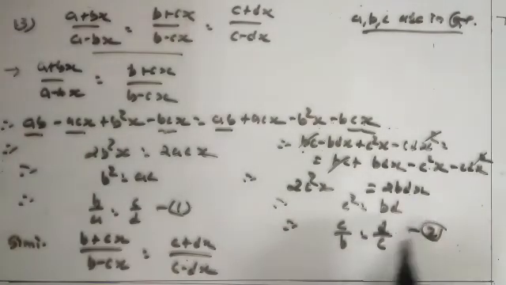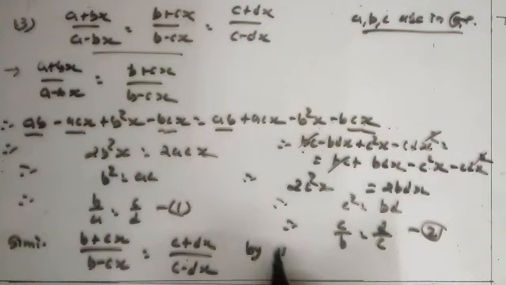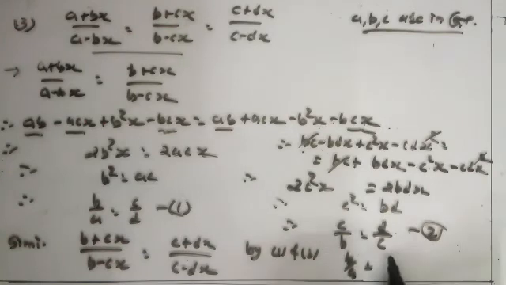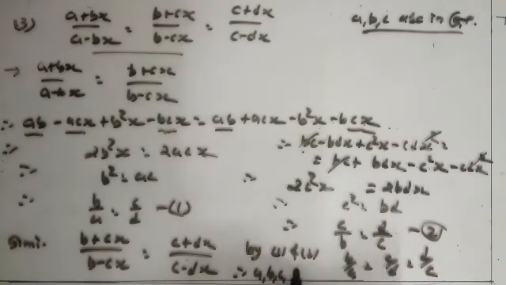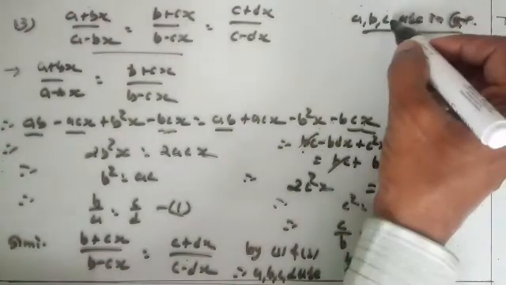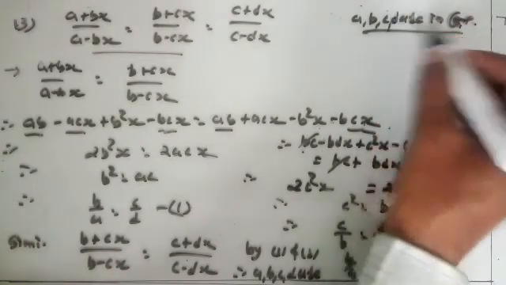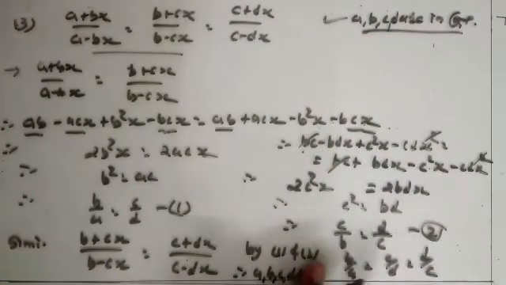So by 1 and 2, b upon a is equal to c upon b is equal to d upon c. So a, b, c, d are in a GP. Clear? Hence proved.